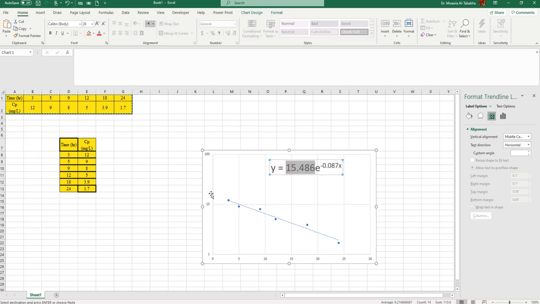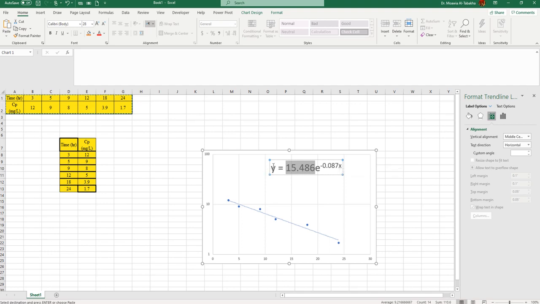If you extrapolate to here, this is the number 15.486, but actually as I told you this number has no value, or it doesn't have a meaning.